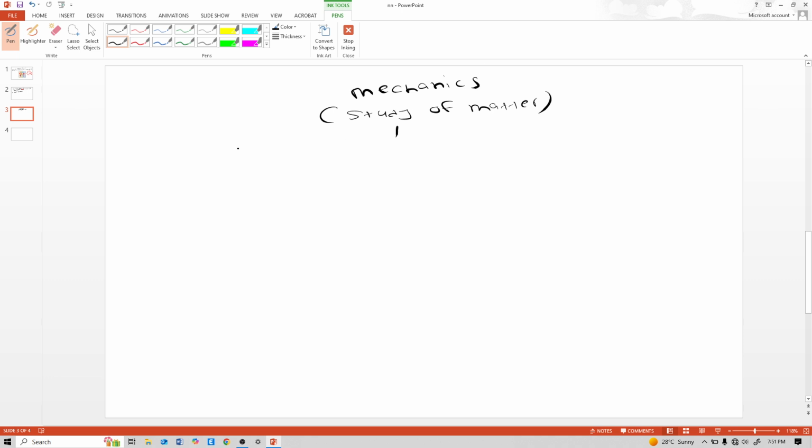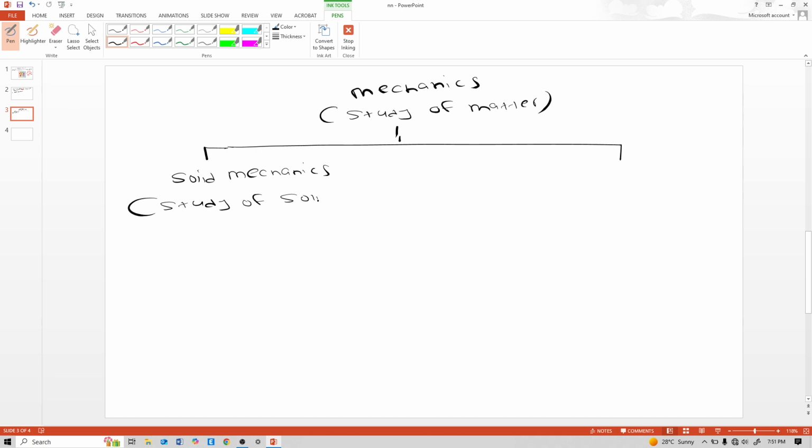Now it is divided into solid mechanics, that means the study of solids, and fluid mechanics, the study of fluids.